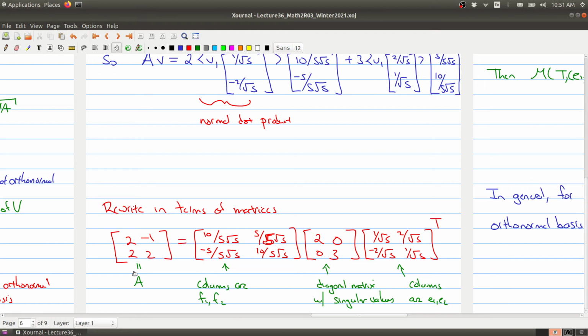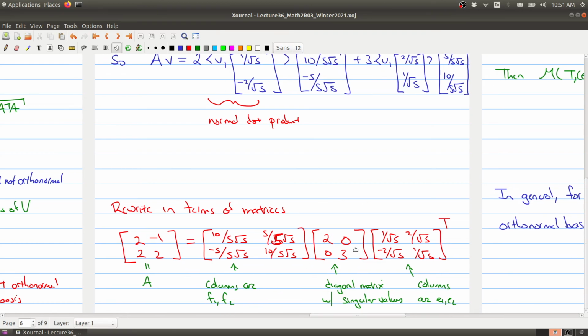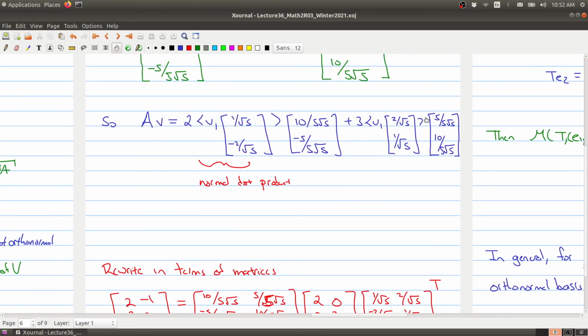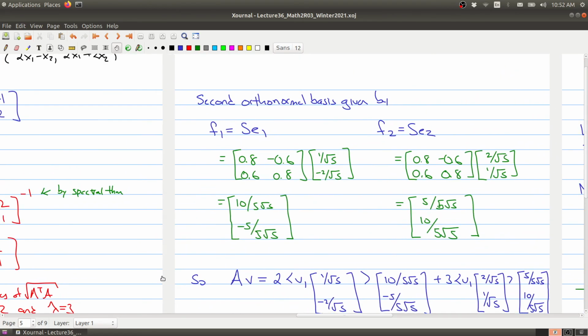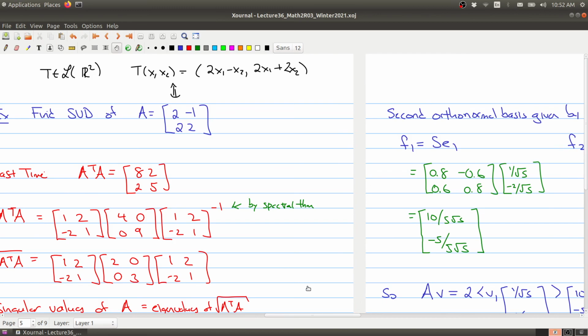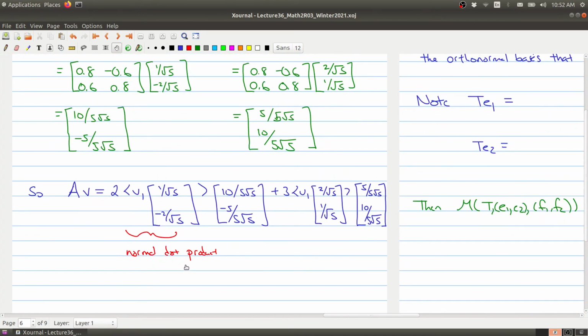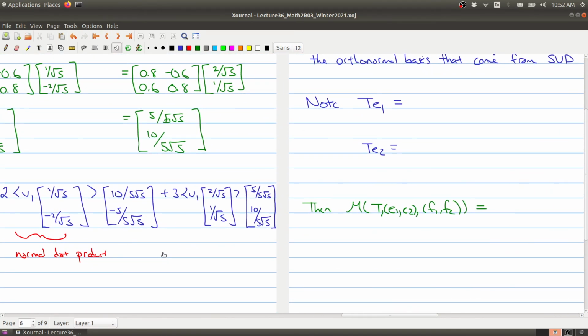It doesn't have to be square: one matrix is one basis, another is diagonal with singular values, and another corresponds to a different basis. But we're doing everything on the level of operators. I hope this example explained what we were doing. This right here would be the singular value decomposition of the operator T that we started with. We'll stop, and I'll see you in the last part of our last lecture.